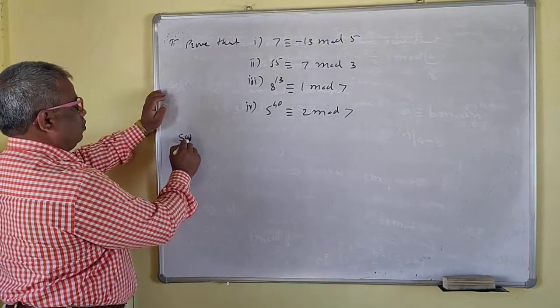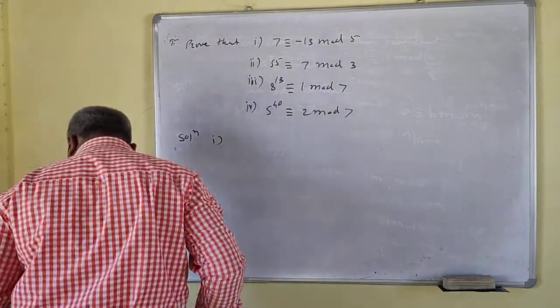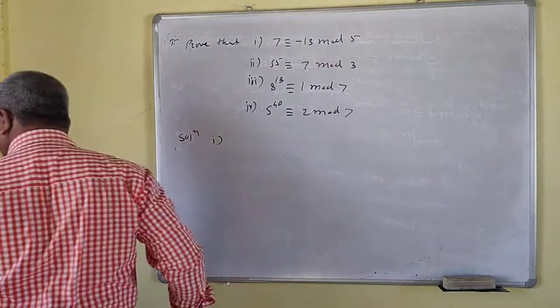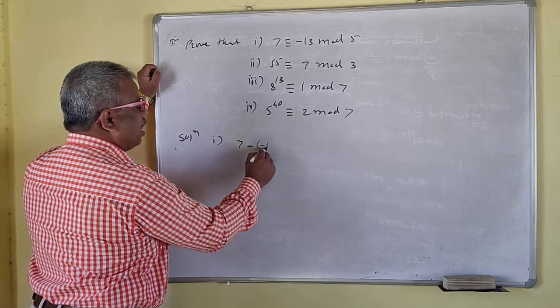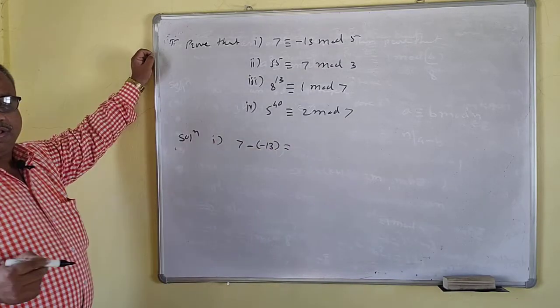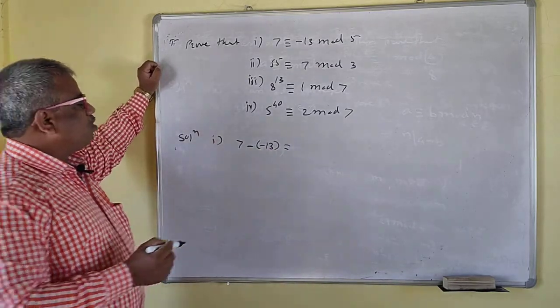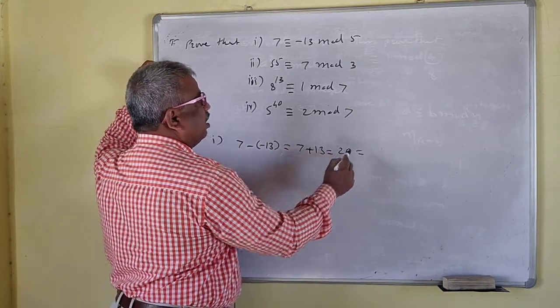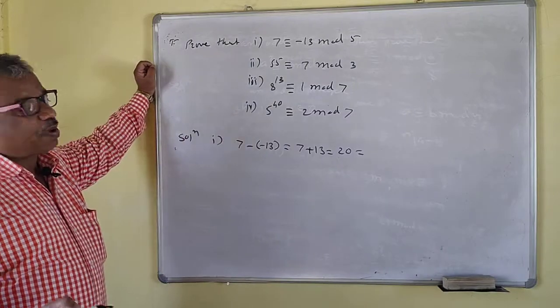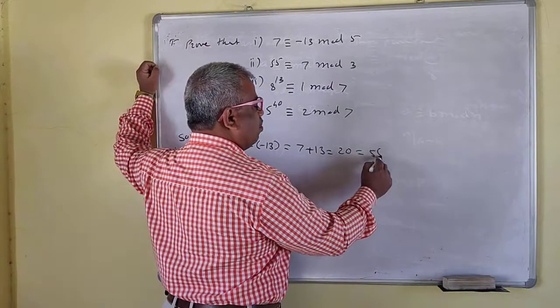Solution of the first one. Now what I will do? 7 minus minus 13 is 7 plus 13, so this is 20. I have to write 20 as 5 into something. Yes, I can write 5 into 4.